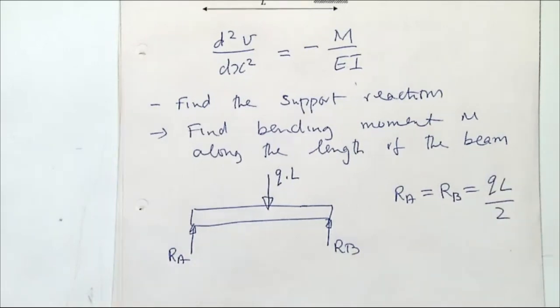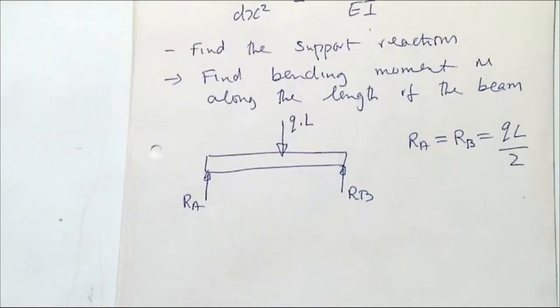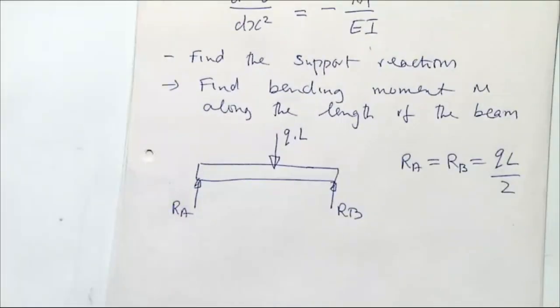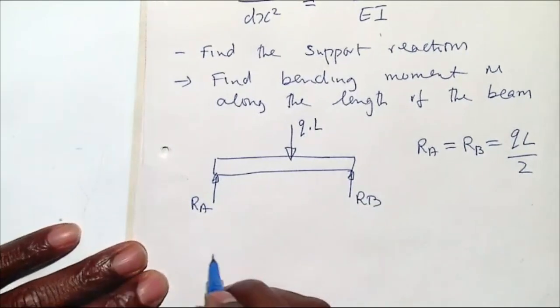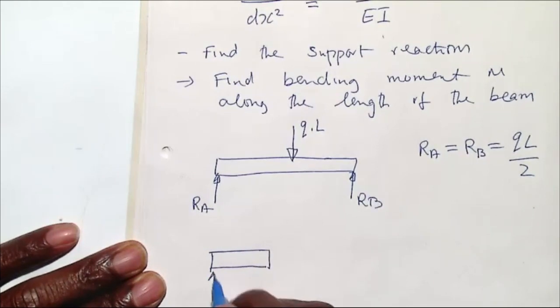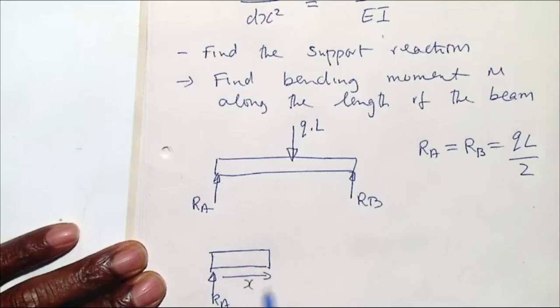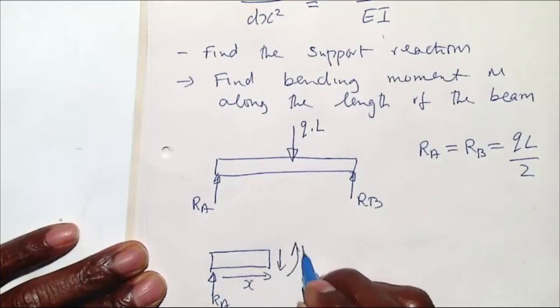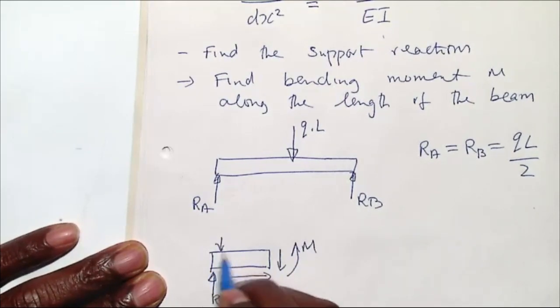Now to find the bending moment, I will start from the left. We always start from the left going to the right. So I will just make an arbitrary distance x. I want to find RA at an arbitrary distance x. I want to find that bending moment M.